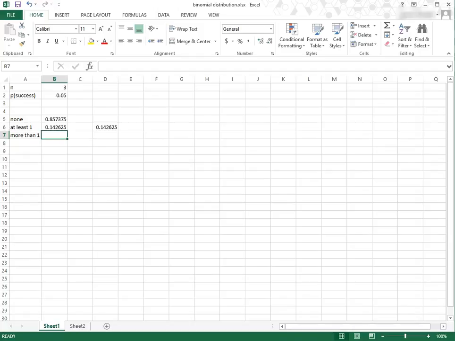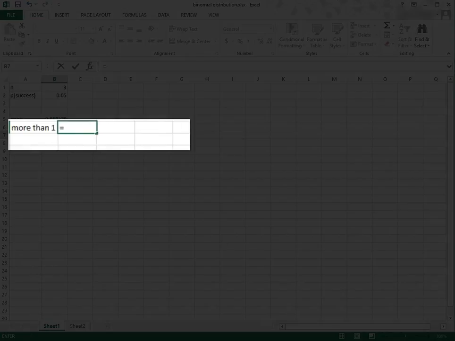Last, we will look at how to find the probability that more than one product is returned. To get more than one, it means that we want the probability that 2 or more are selected. So to arrive at that solution, we can do 1 minus the probability that up to 1 products are returned.